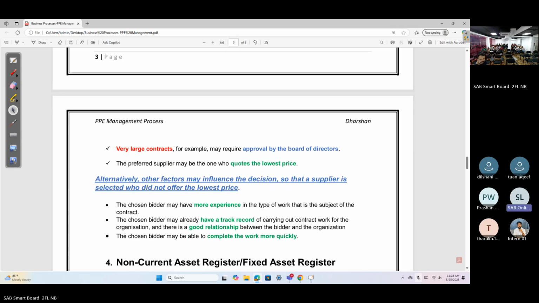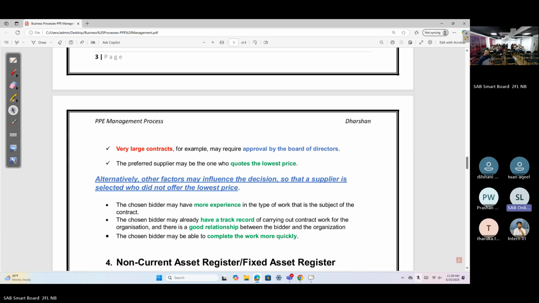Very large contracts, for example, may require approval by the board of directors. Okay. The preferred supplier may be the one who quotes the lowest price. Not always, generally lowest price. That's why I have highlighted here. The preferred supplier may be one who quotes the lowest price.